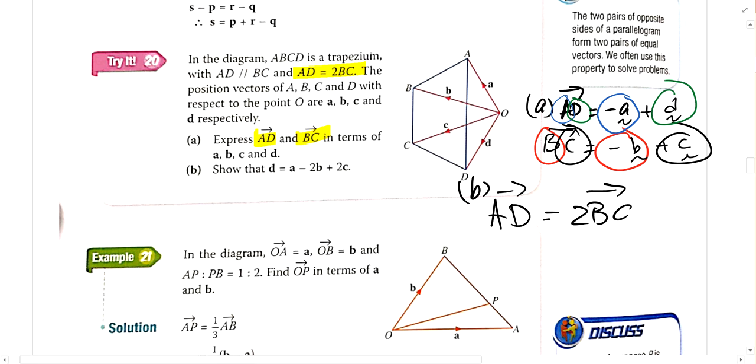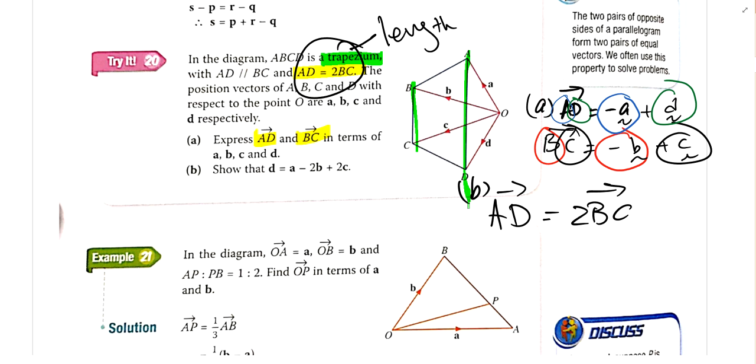This is referring to length, but they're not talking about direction. So Dharmiya says they are parallel. How do you know they are parallel? Because the question says it is a trapezium. So because I know that these two are parallel, and I add to that the fact that the magnitude is double, I can write this as my first step.